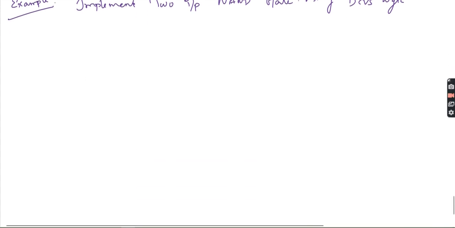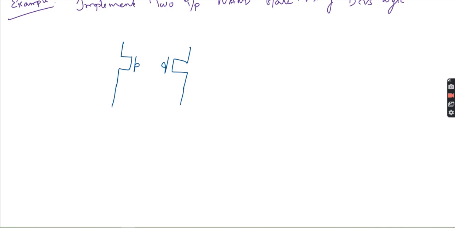First, at the top, you will have the PMOS, and here also one PMOS, right? At the bottom is the normal function, output Y, which will be equal to A dot B the whole bar. The other side is the complementary function.